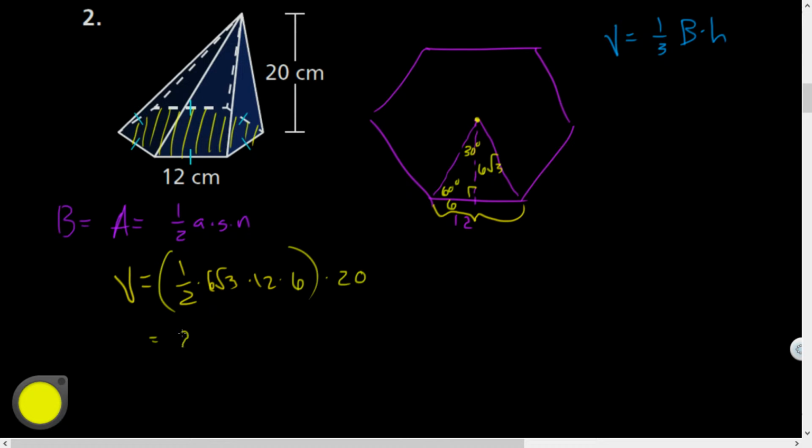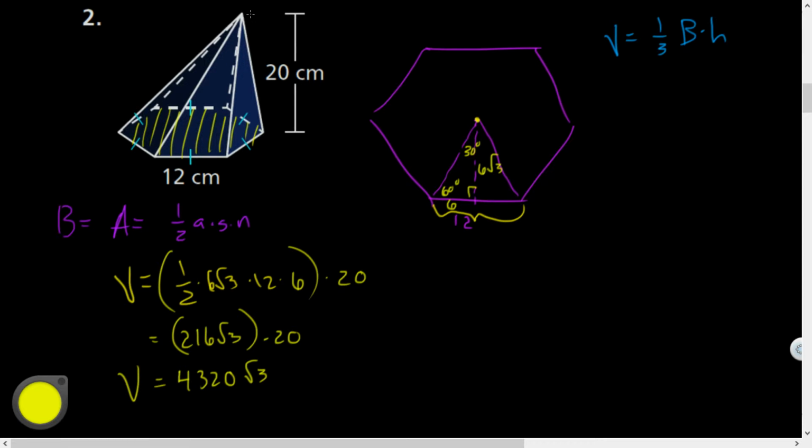That's 216 square roots of 3 is the area of the base. Multiply that by 20. 216 times 20. 4,320 square roots of 3 is the volume of this hexagonal pyramid that is also oblique.